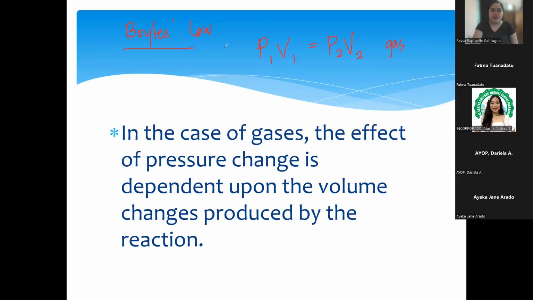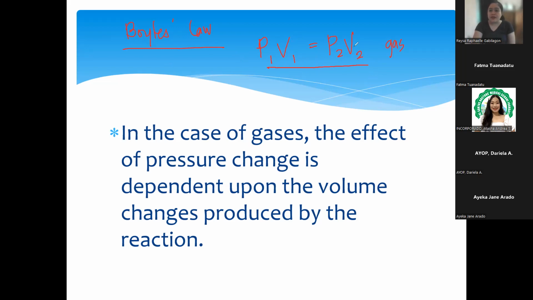Again, take note of this law. I just don't know if you can still remember this being taught to you in high school. Boyle's law states that the pressure of the gas is inversely proportional to its volume. So you have this formula.